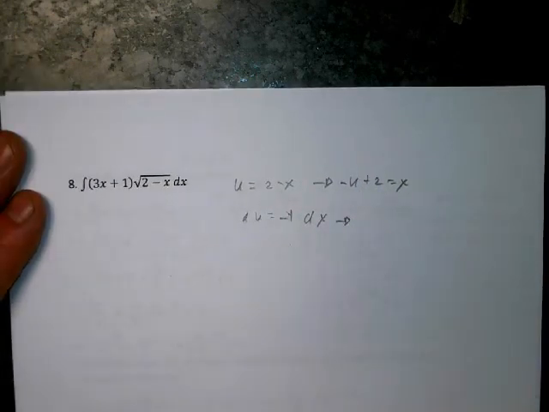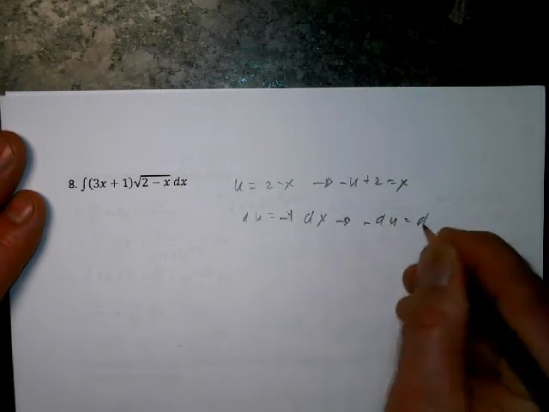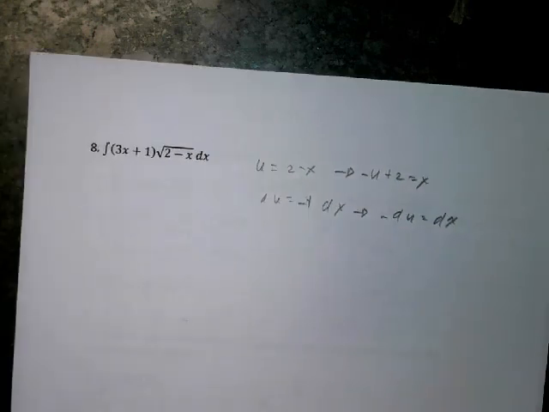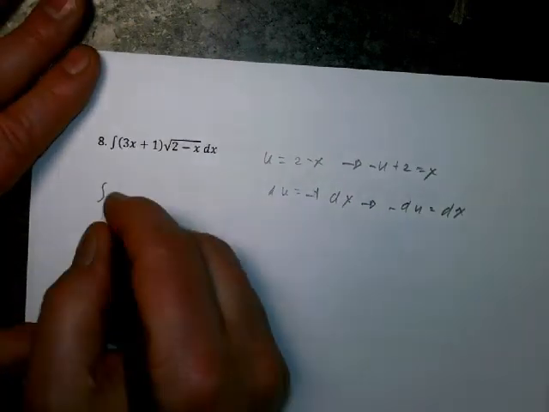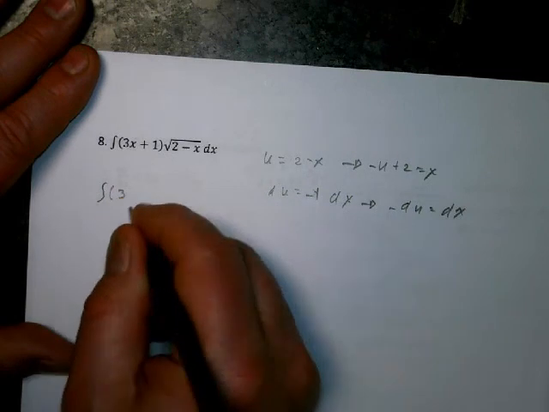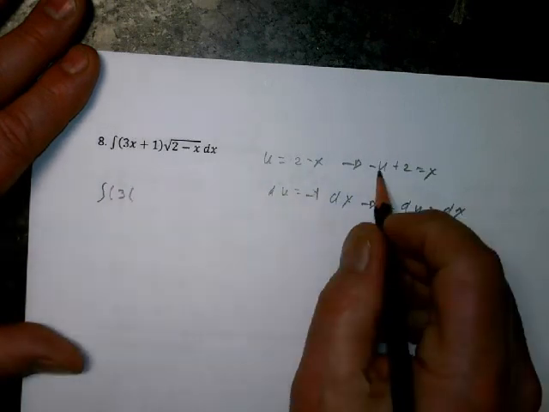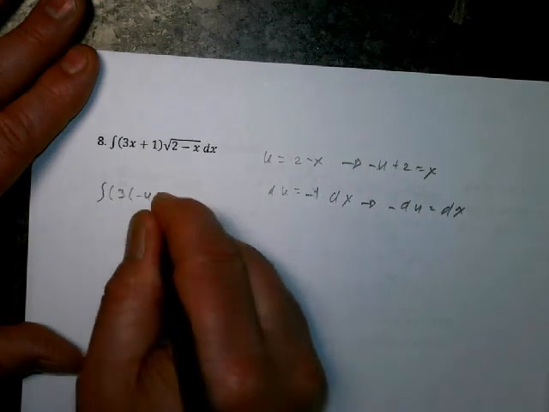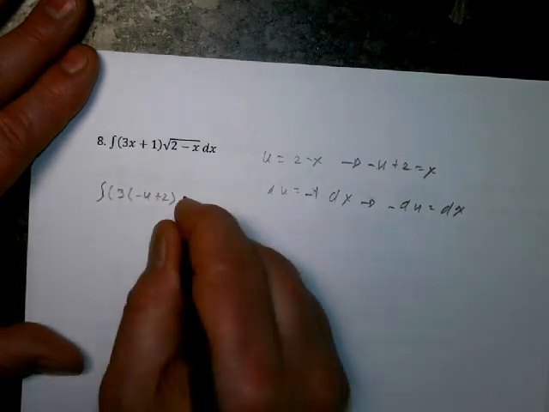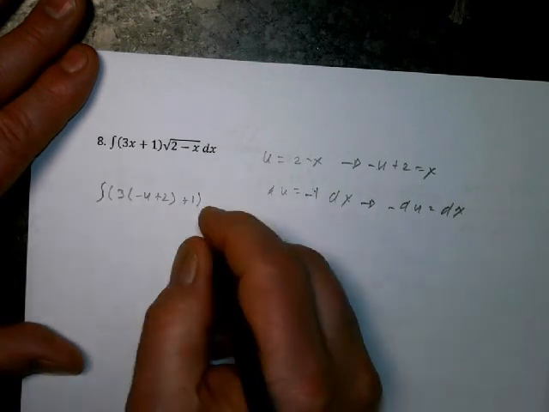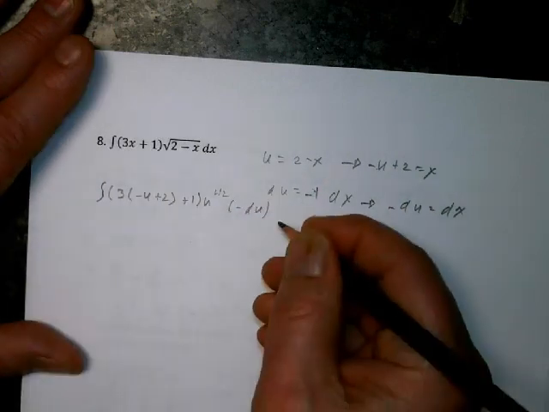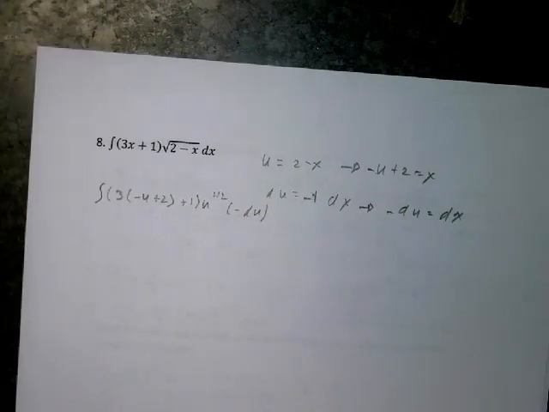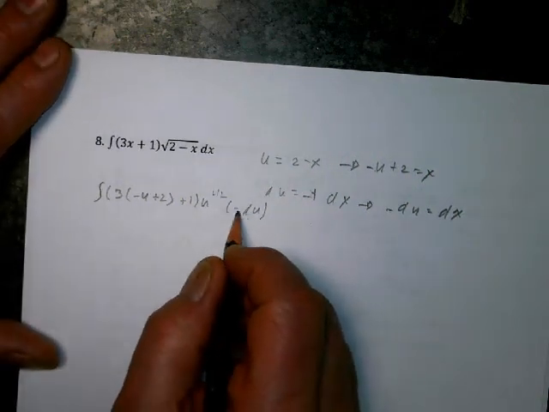So negative u plus 2 equals x, and negative du equals dx. So my integrand is negative u plus 2 plus 1 times u to the 1/2 times negative du.